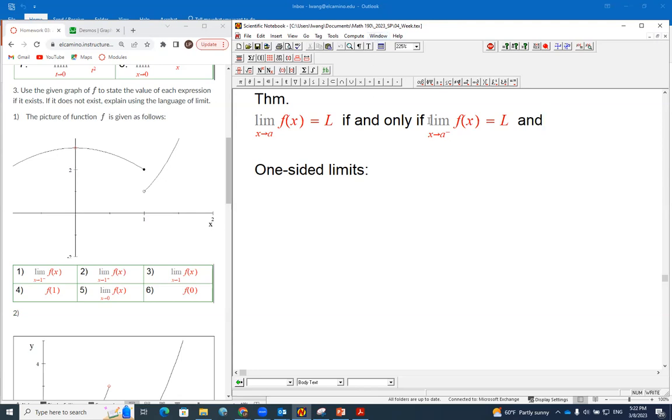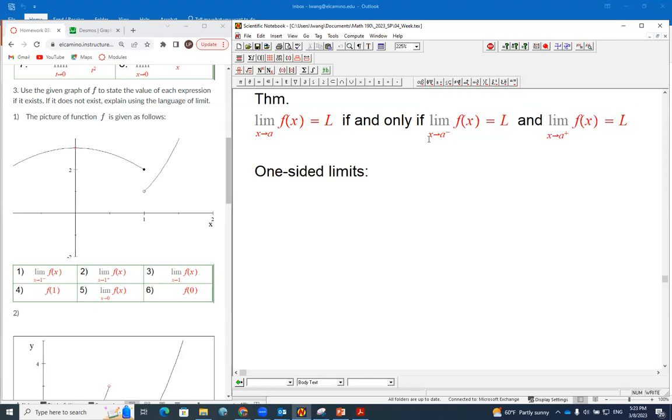So the other limit is the limit of x approaching a from larger than a. These are the two one-sided limits: the limit from the left and the limit from the right.